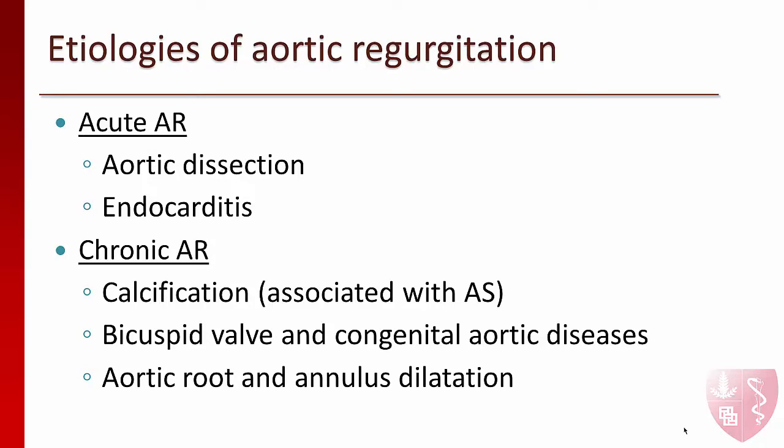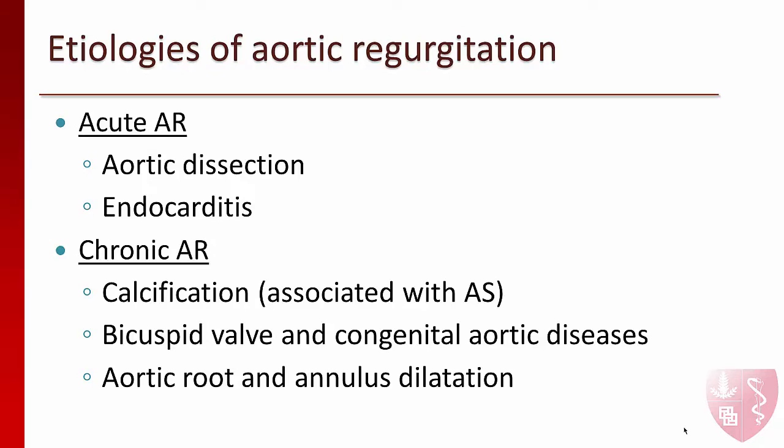In chronic regurgitation, it's most often due to aortic valve calcifications, because the valve cannot close because of the calcifications, and it's also very often associated with aortic stenosis, because if the valve cannot close, it cannot open either.